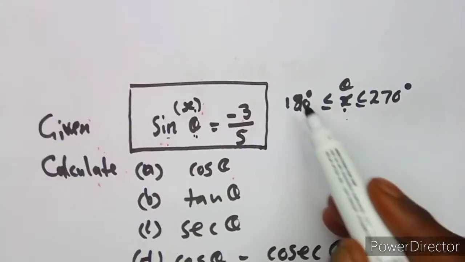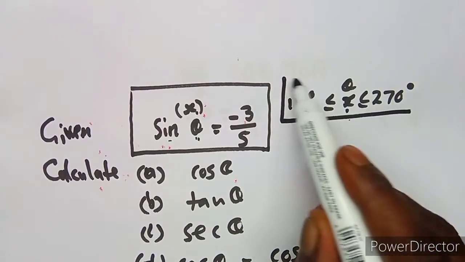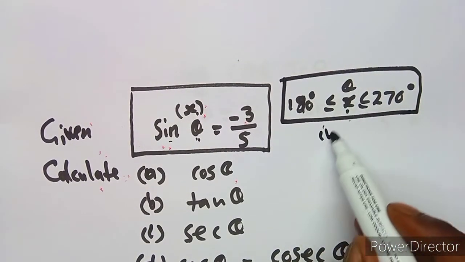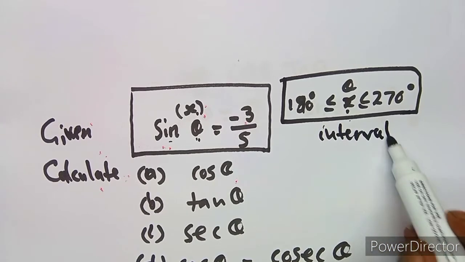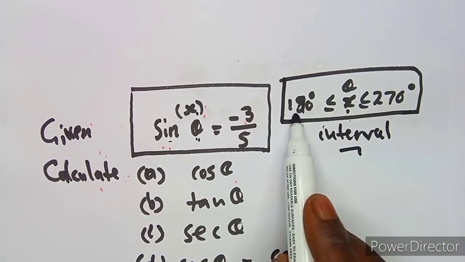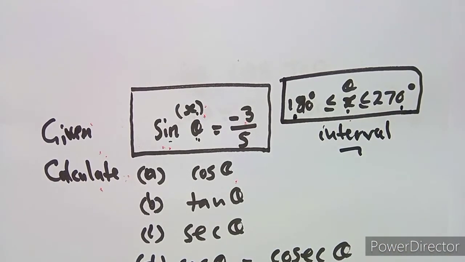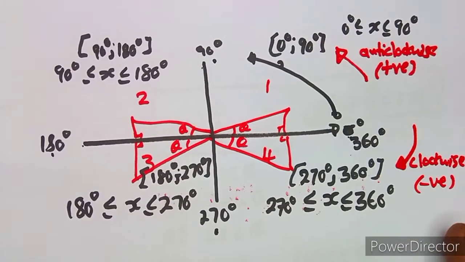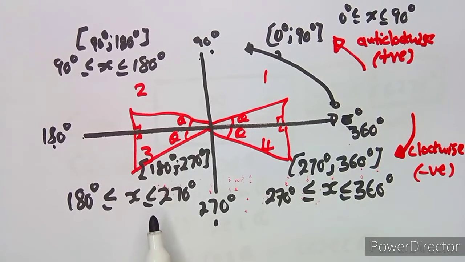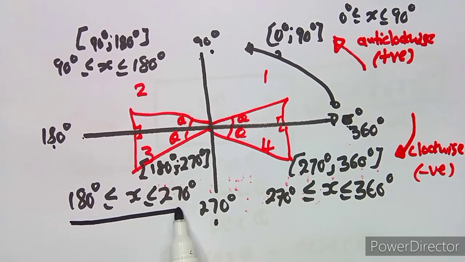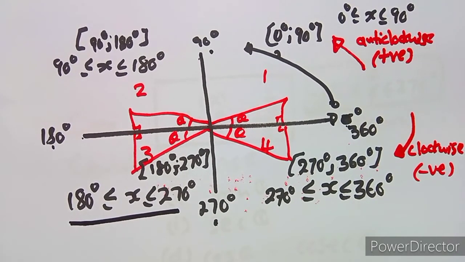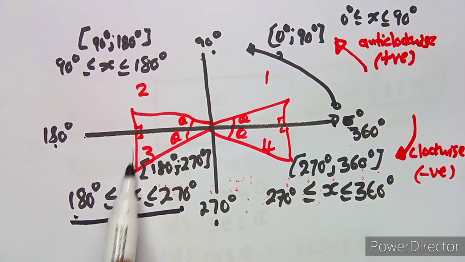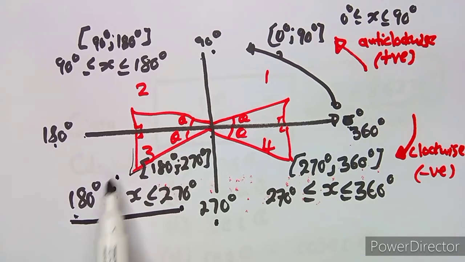All right. And we are given an interval, from 180 up to 270, which means which quadrant are we talking about? Let's go back here. We are referring to the quadrant of 180 to 270, which means we are talking about the third quadrant, so your triangle is going to be like this in the third quadrant.